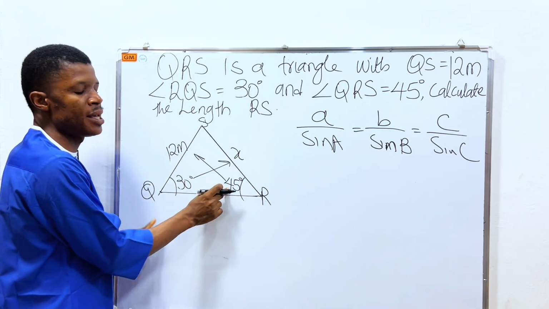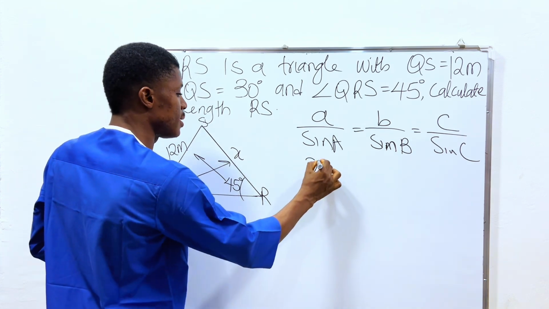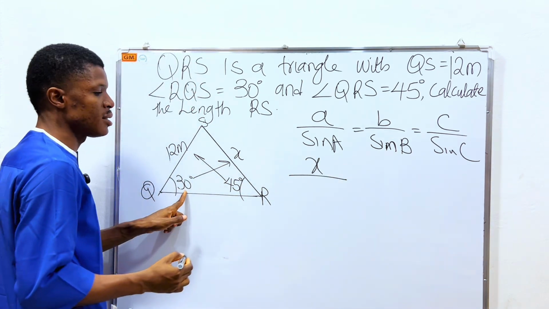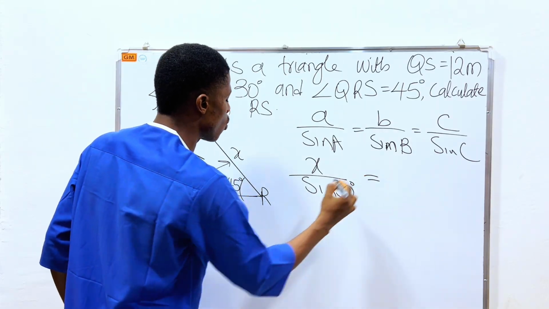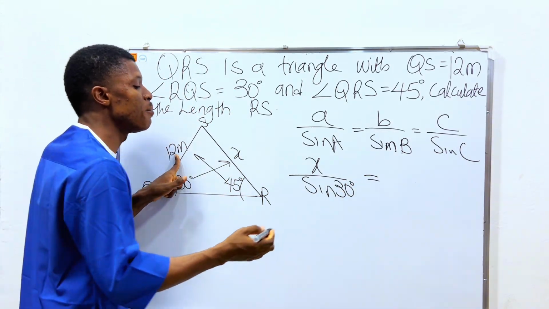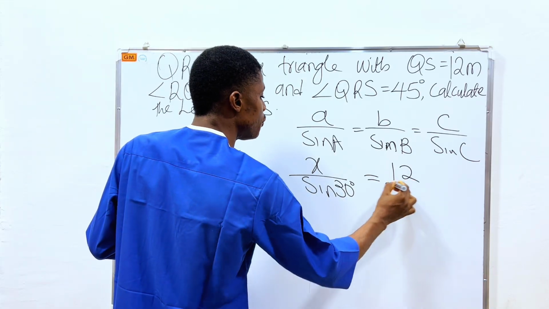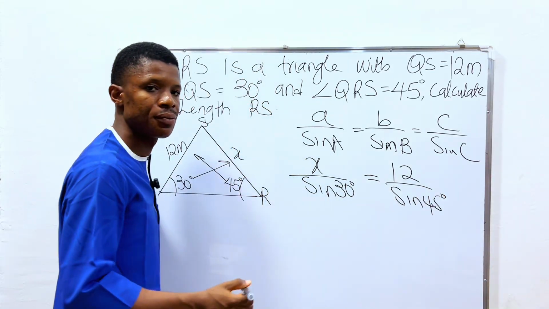So here we have that q is x over sine 30 degrees is equal to, the next one is r, r is 12 meters, so we have 12 over sine 45 degrees.